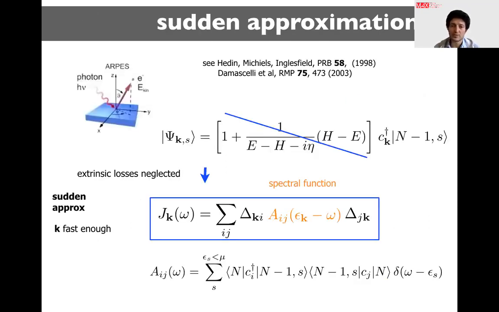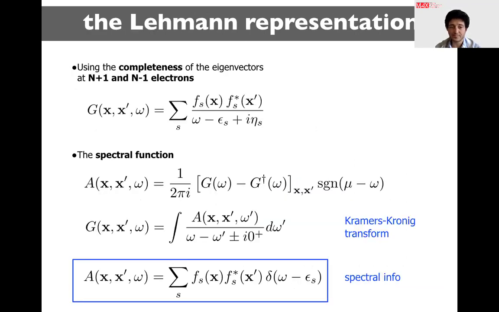So if we go back to our problem of giving a theoretical description of photoemission, we were writing the photocurrent in this form involving the spectral function, and indeed the spectral function exactly involves the Dyson orbitals.